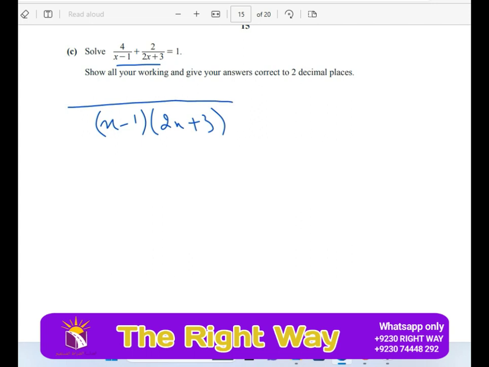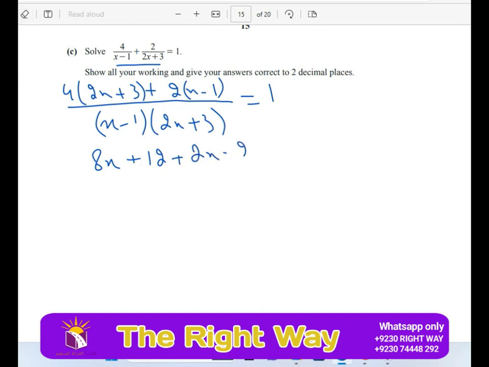And 2x plus 3 multiplied with 4, 4 times 2x plus 3, plus 2 times x minus 1, equal to 1. 4 into 2x will be 8x. 4 into 3 will be equal to 12. 2 into x will be equal to 2x.